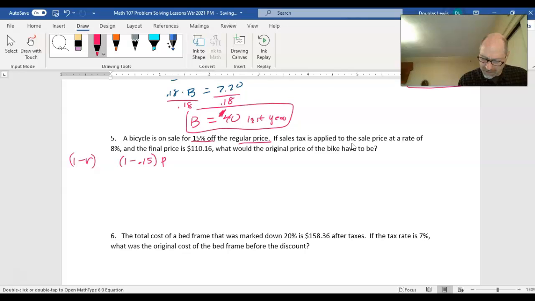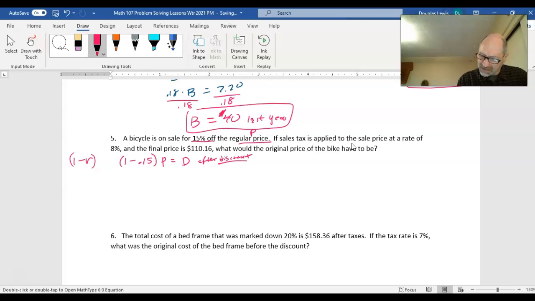I'm going to call it P. That's the regular price P. And then I'm going to call the amount after the discount D, the discounted price. Right, just like the formula said, after the decrease. Well, the discount is the decrease.